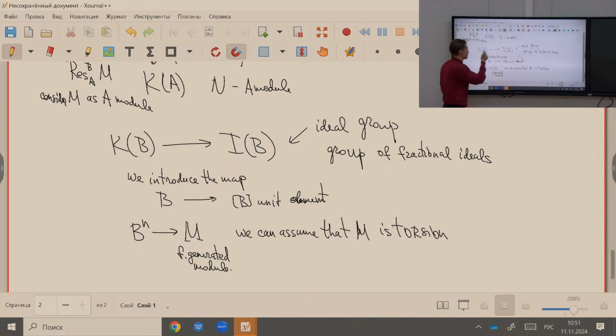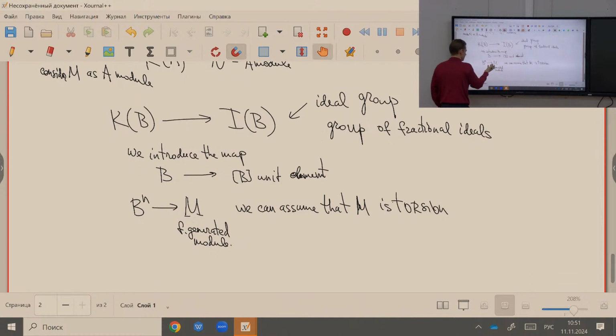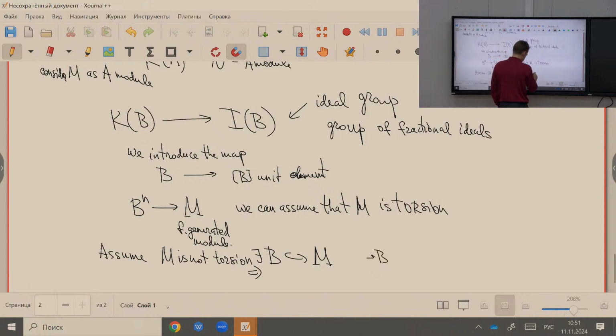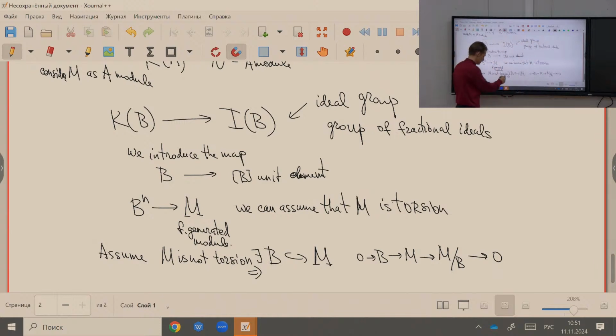But by the following observation: if it is not torsion, then you have an inclusion of B into M. So assume that M is not torsion, then there exists an inclusion of B into M, and we can pass to the exact sequence B, M, M modulo B. Maybe I shall write it like this: I of B, the image.